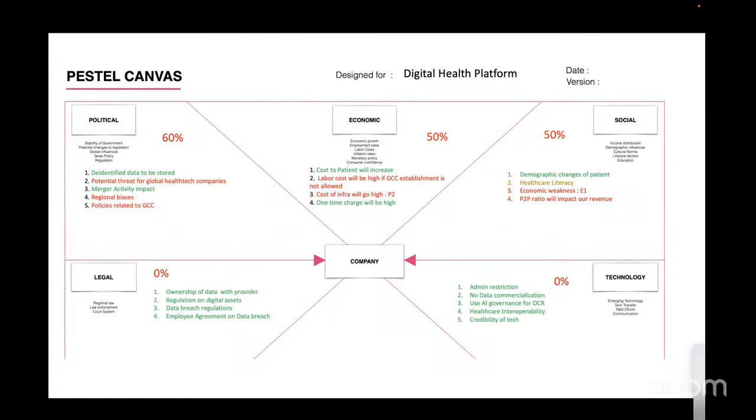But they have some restrictions. They cannot use some of the healthcare data, which is basically much more detailed data of the patient, if they are sitting in India. They can only use it if they are in the US or within the country.